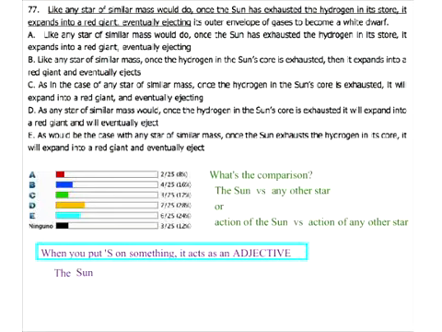But on the other hand, if you say the sun's core, then the only noun here is core. This is acting as an adjective, and this is acting as a noun. This is like red core, blue core, big core, small core, sun's core. That's a core. It's not a sun.